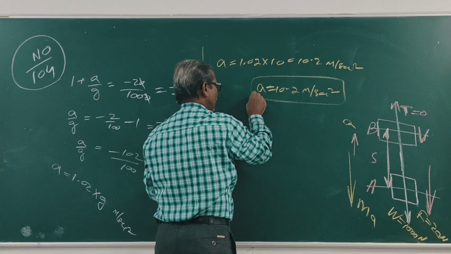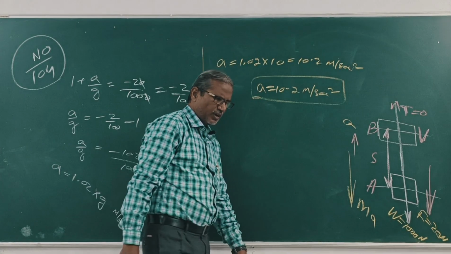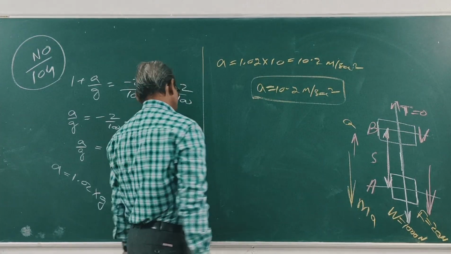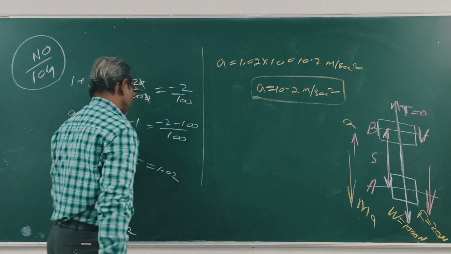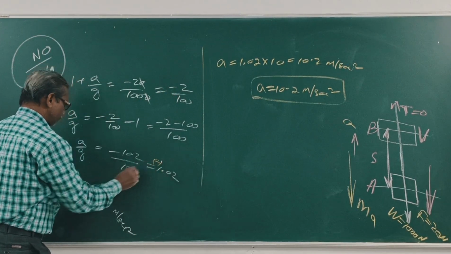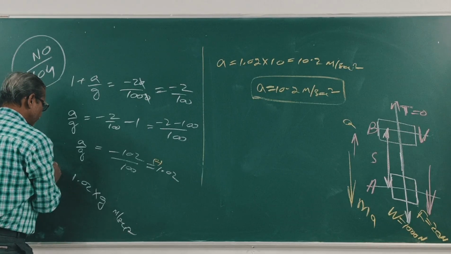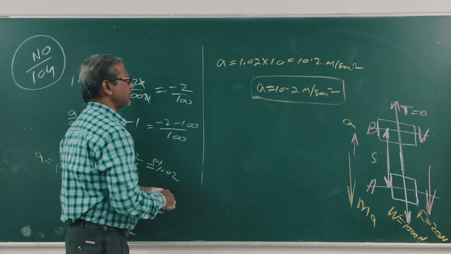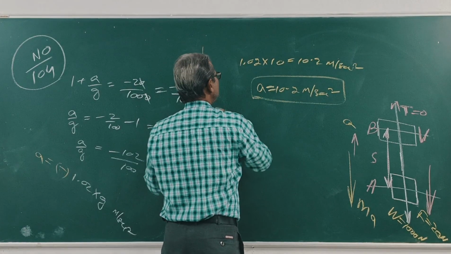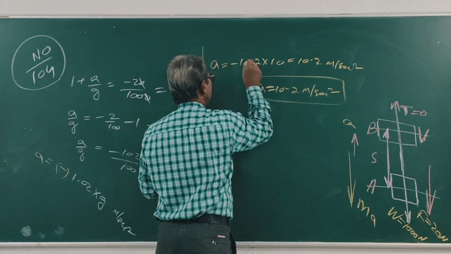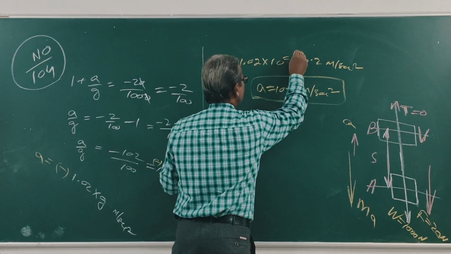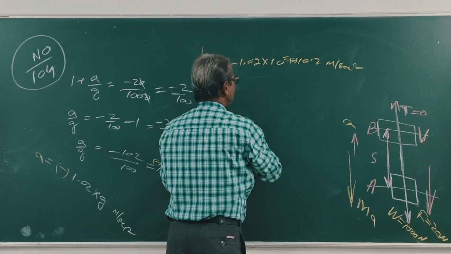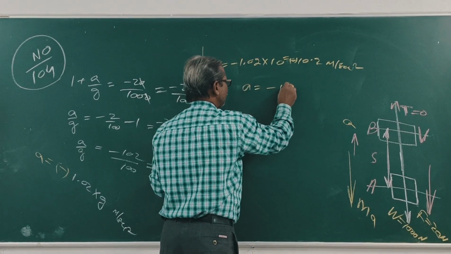This acceleration A is negative, so A is equal to minus 10.2 meter per second square.